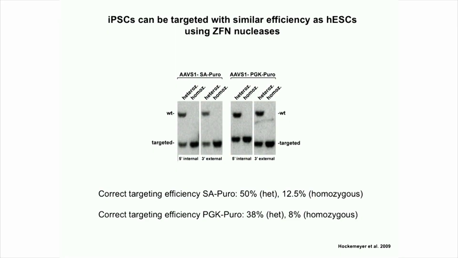Here is a direct comparison, the splice acceptor puro, where we did the same experiment again, targeting iPS cells, and we find virtually the same targeting efficiency. So the take-home message here is human ES cells and human iPS cells are the same.